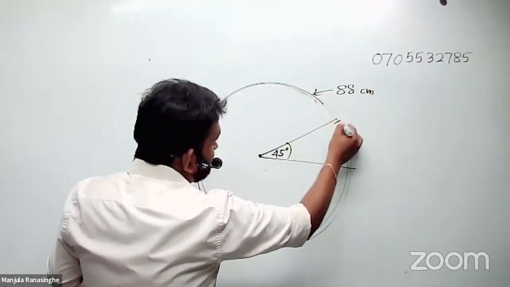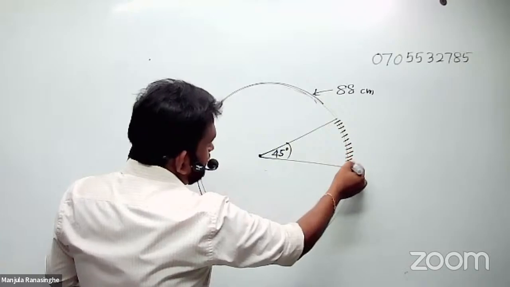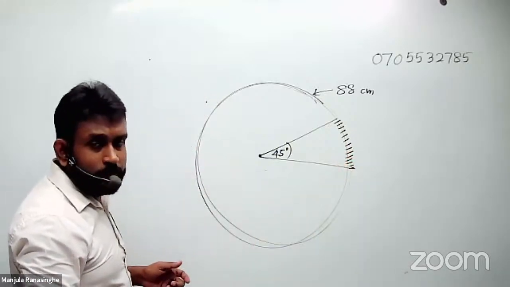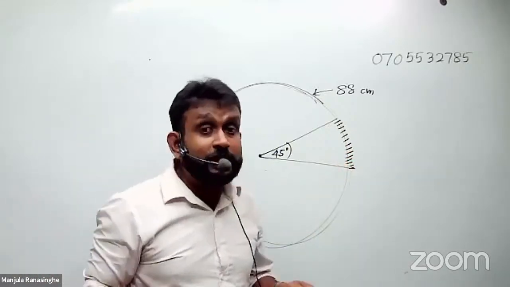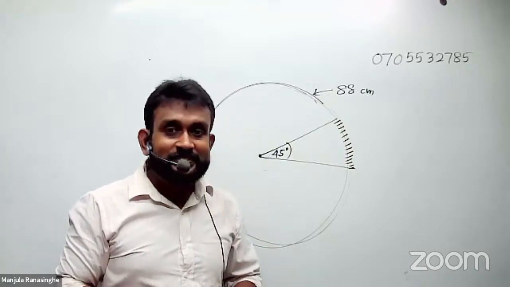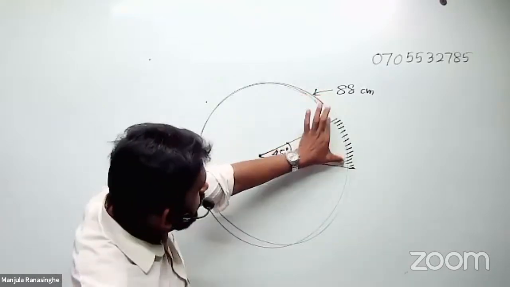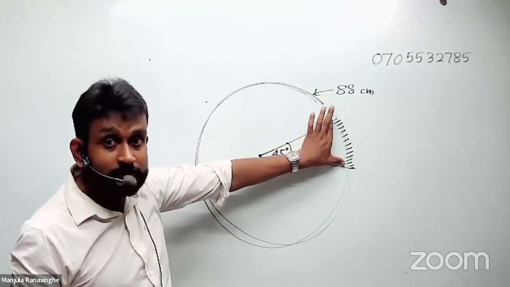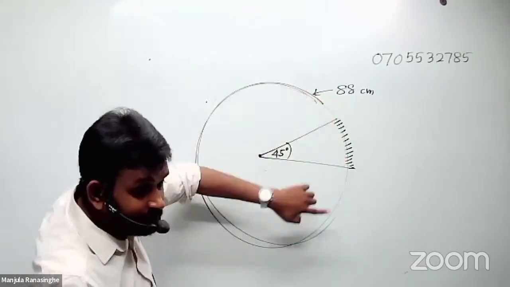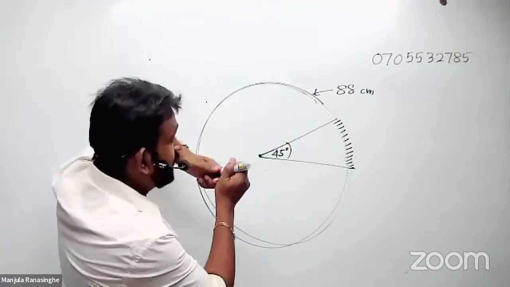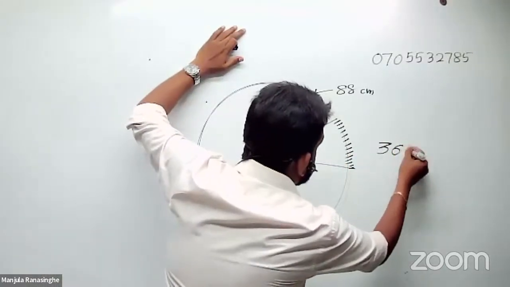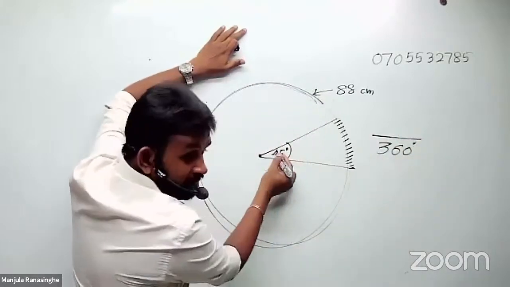So they are asking what is the arc length of this portion. You need not always try to apply formulas. Just think, from the whole circle, how much is this portion as a fraction. The whole circle means 360, and out of 360, this part is 45 degree.